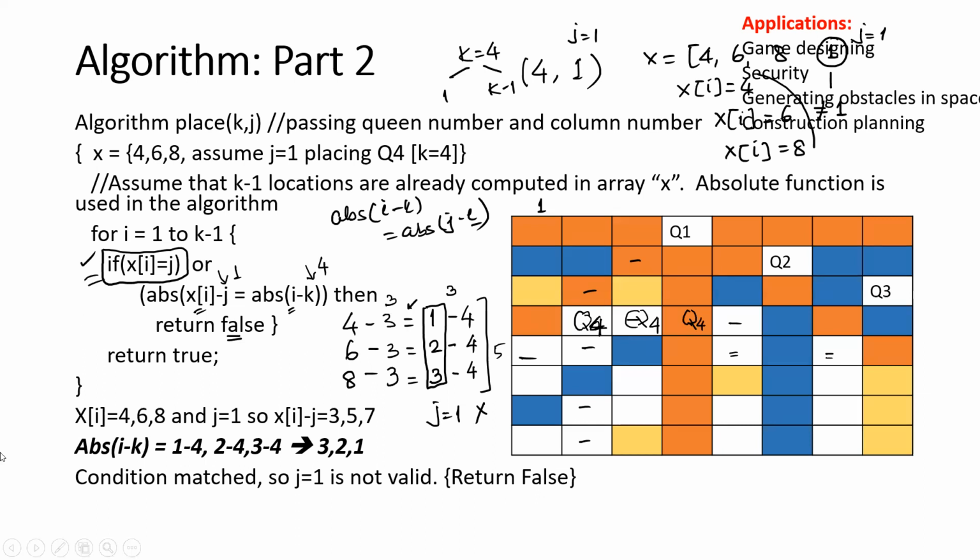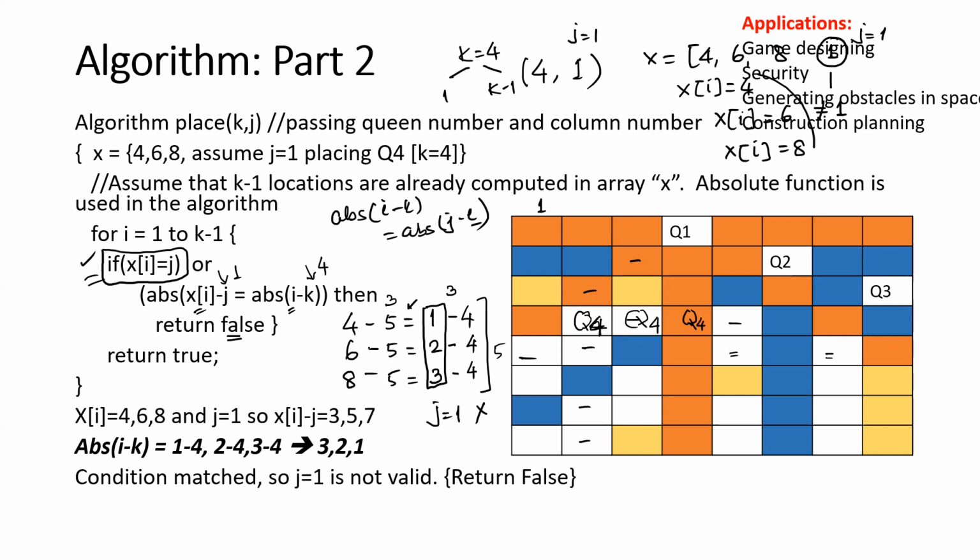And if I try to place Q4 at column number 5, then the only thing is that this 3 will be replaced by 5. So if I replace 3 with 5, 4 minus 5 is 1, 1 minus 4 is 3. Sorry, here it is 3, here it is 4, here it is 3, here it is 2, here it is 1.